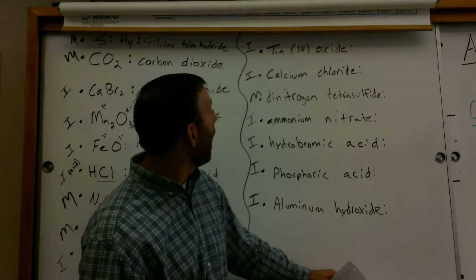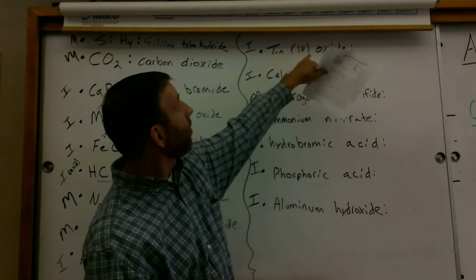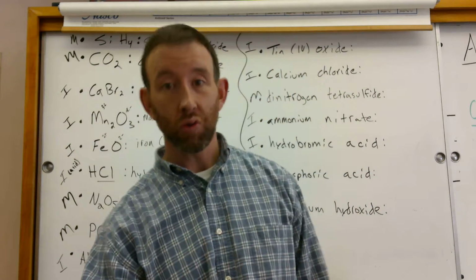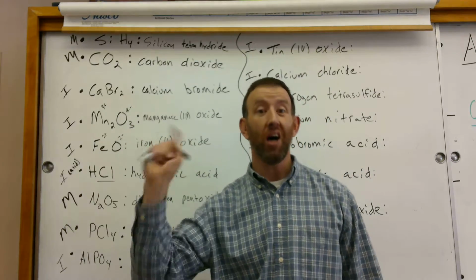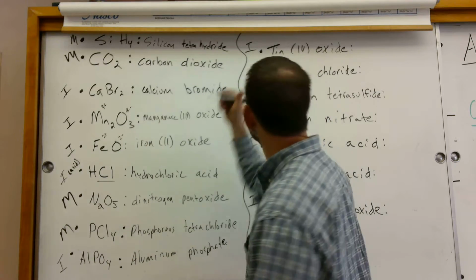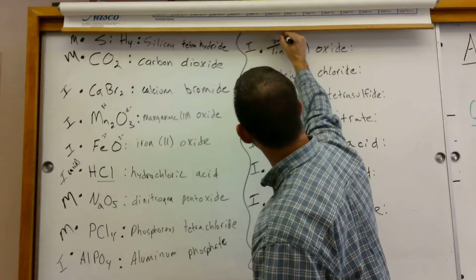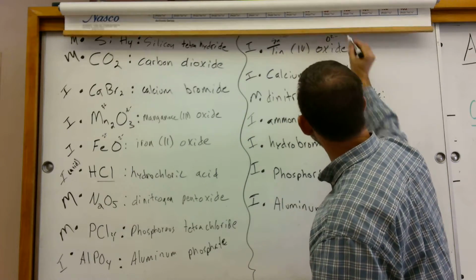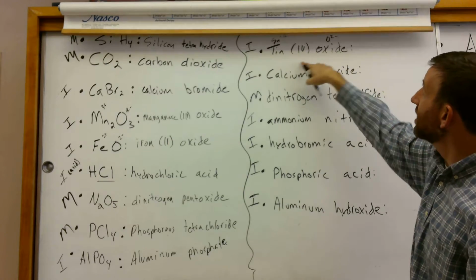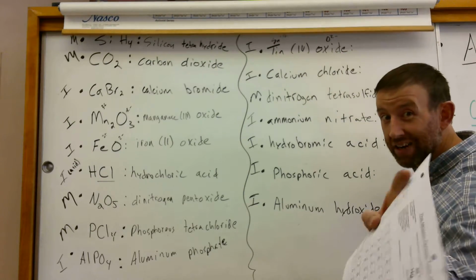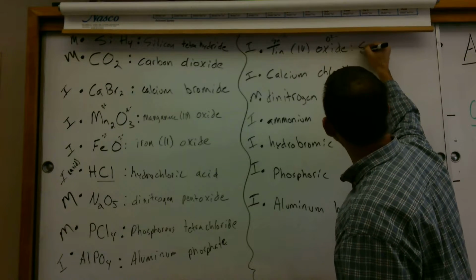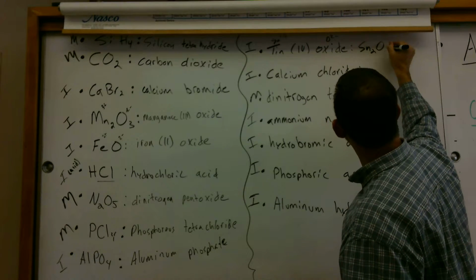All right, it's an ionic compound. Now the 4 in Roman numerals, notice I put that there for us. That tells you the charge of the tin in this case. So this is going to be Sn4+, and oxygen is always O2-. So when I combine these, I'm just going to show you how to do it incorrectly first using the crisscross method. I'm going to get Sn2O4.